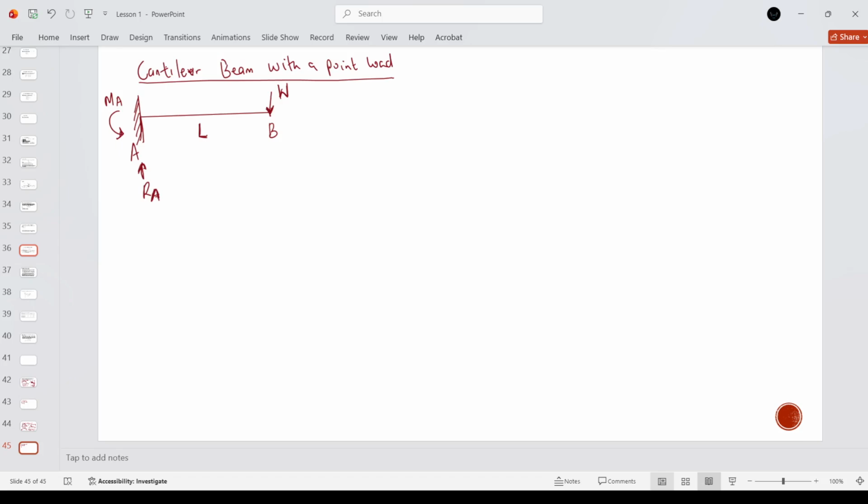It is load times length. Why are you multiplying? No, it is W over L.